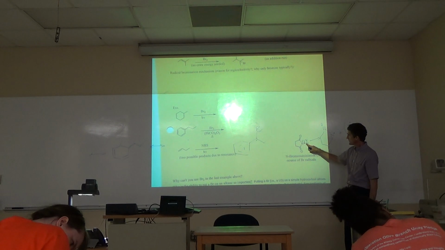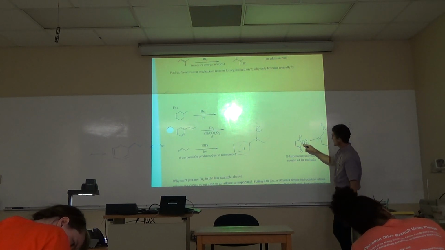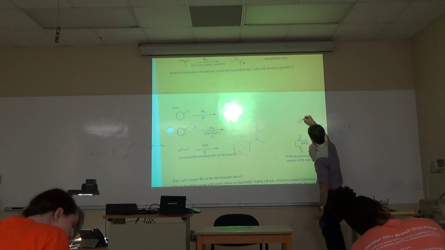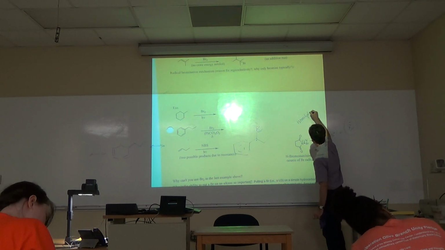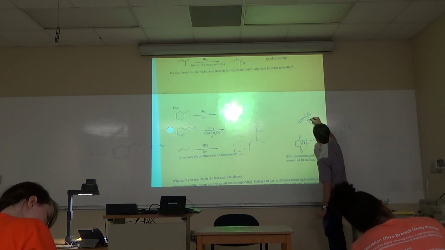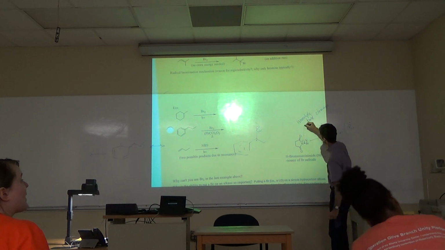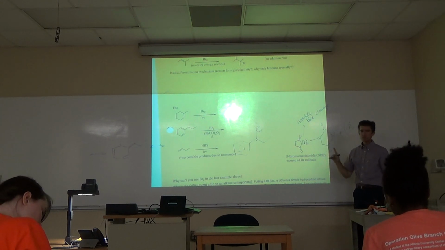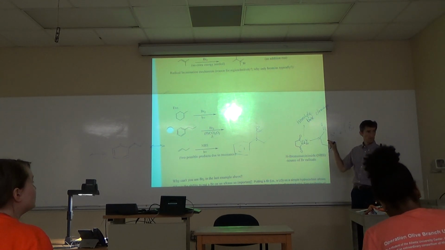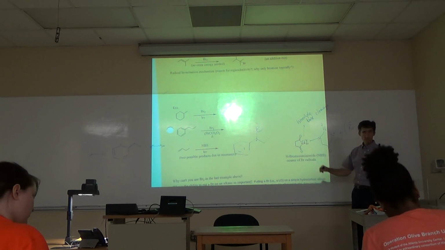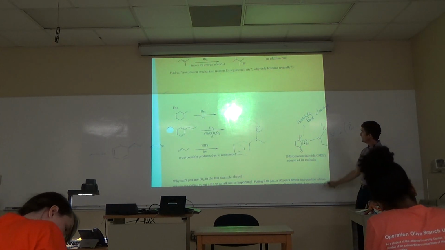An important term here is we're cleaving this bond, but this is homolytic. Okay? We could have shown this when we did the Br-Br over there originally. Okay. What is homolytic bond cleavage?